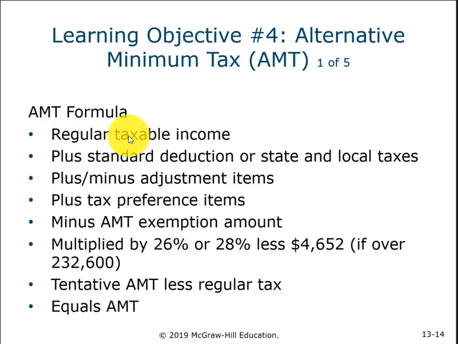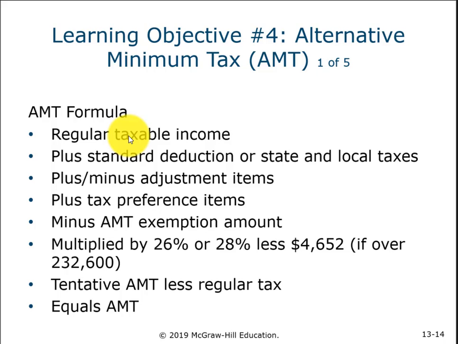And if you remember our tax formula, regular taxable income is quite towards the end, after you've done a lot of the work. Then you're going to take that and put it on Form 6251. You're going to add the standard deduction if you took the standard deduction, or if you itemize, you're going to add your state and local taxes, which we'll talk more about in just a minute.